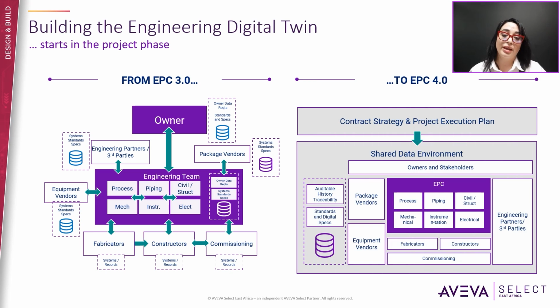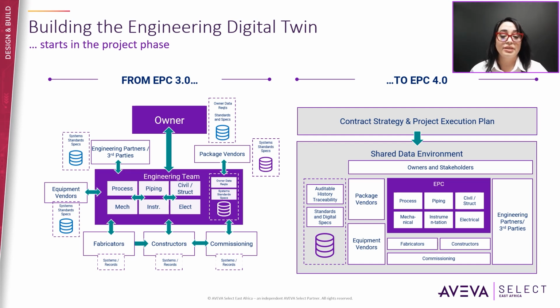AVEVA takes us to EPC 4.0, where we have a shared data environment where the owners and stakeholders can actually see what is going on within the project. We have our vendor packages, equipment vendors. We have our EPC with our disciplines, different disciplines and different functional jobs, draftsmen, engineers.